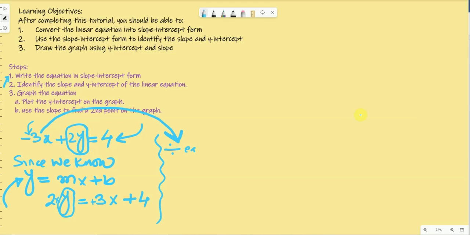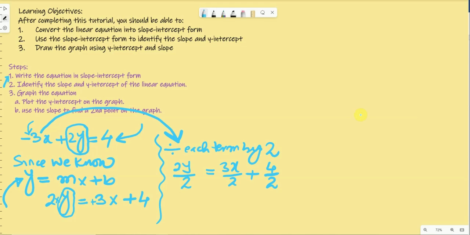Divide each term by 2. So we are dividing 2y by 2, 3x by 2, and plus 4 by 2.